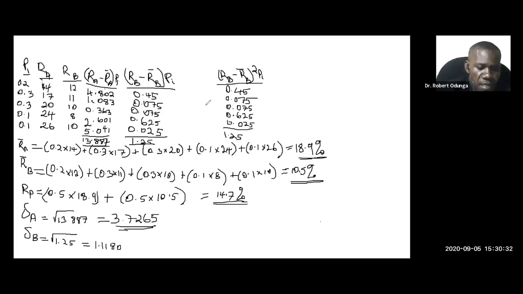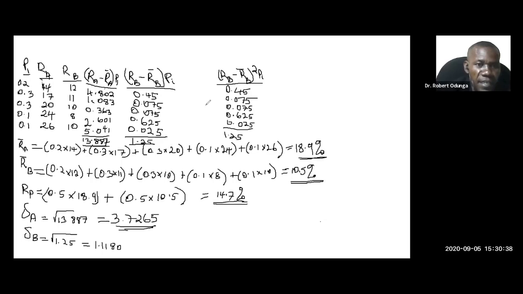Hey, Moges. Hello. Yes, doctor. If you add your variance for B, is it giving you 1.25 really? Can you confirm that?